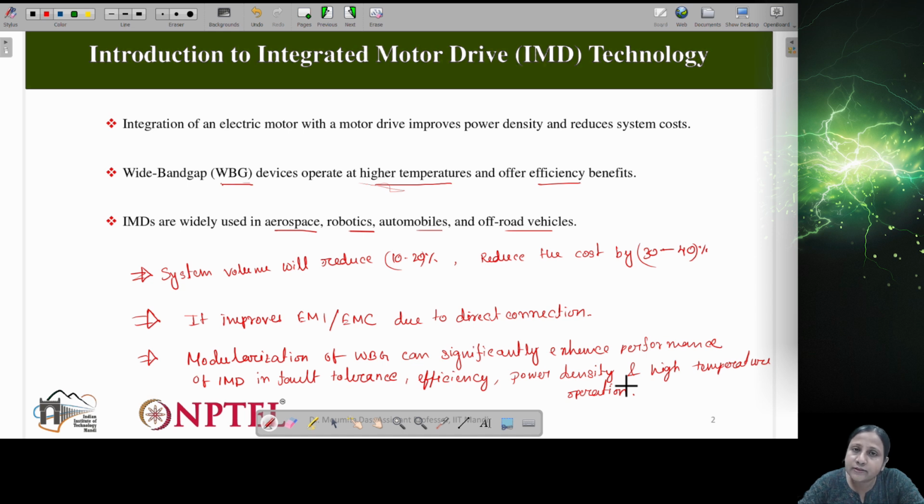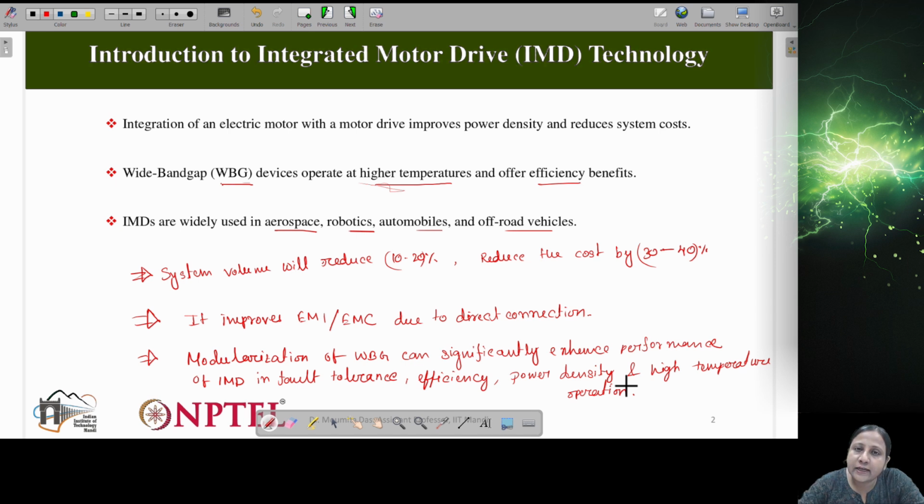One of the main problems is that with silicon based converters, the size of the converter is much higher than that of the wide bandgap devices. So mounting that particular converter on the motor will be very difficult. So that is the first disadvantage of the silicon based converter, and it will come in the middle of using that converter for IMD applications.